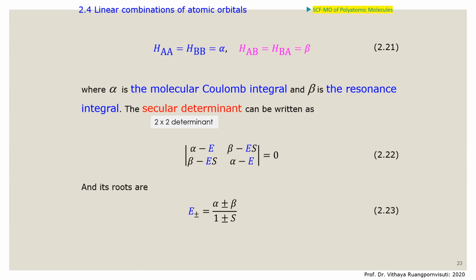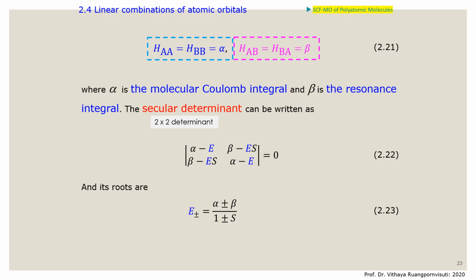For the Hamiltonian matrix, its elements HAA equal HBB and are assigned to be alpha. HAB equals HBA is assigned to be beta.